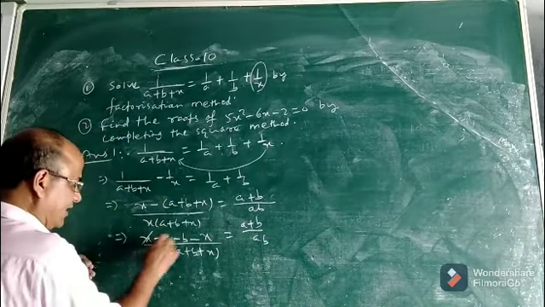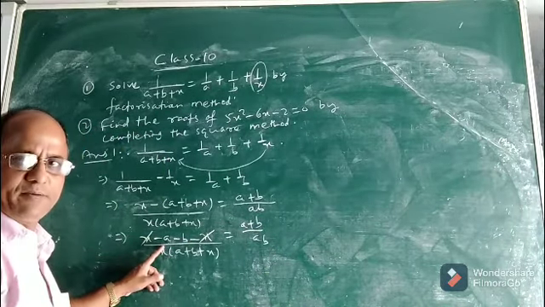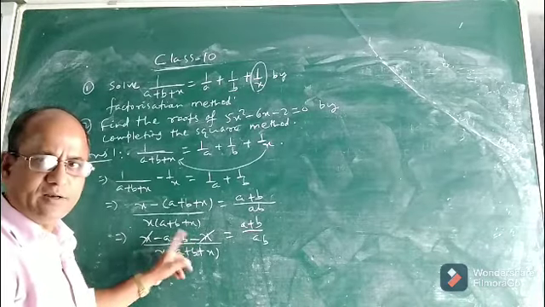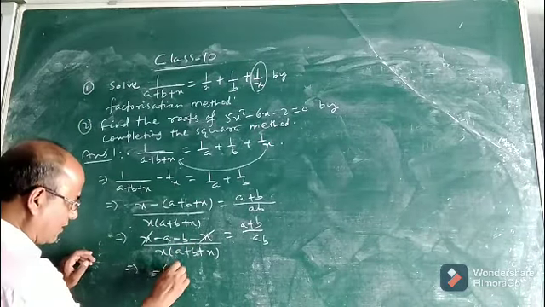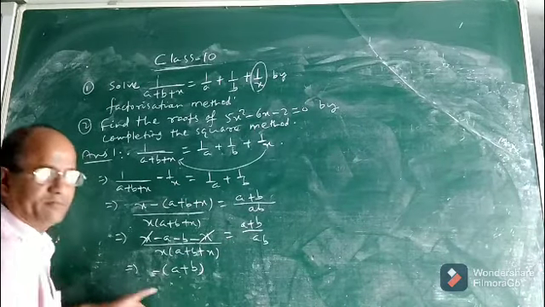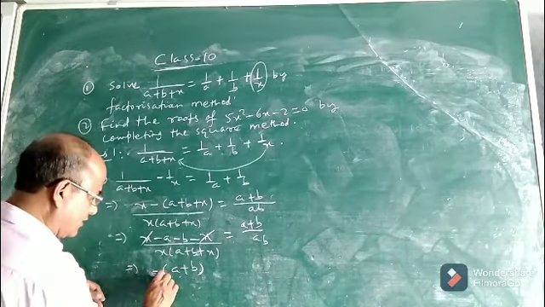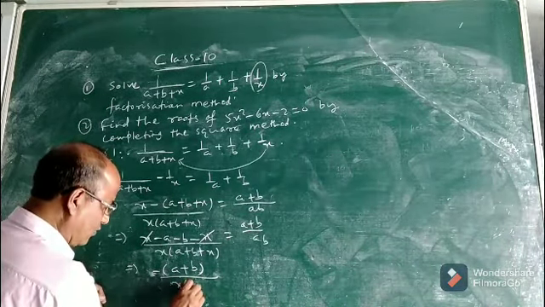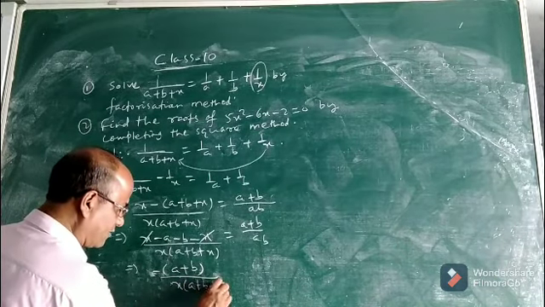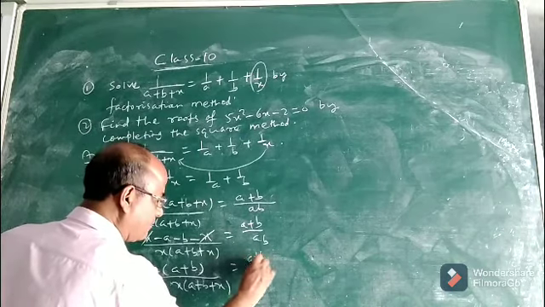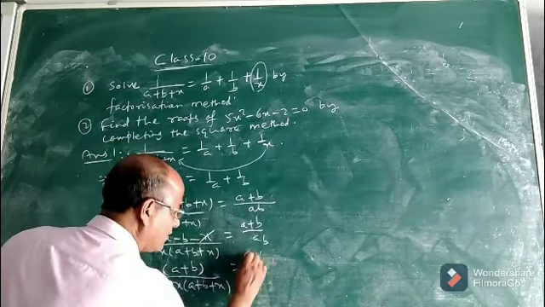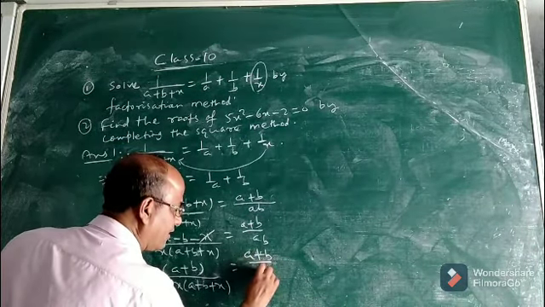Now see, x and x will be cancelled. So what is left here? Minus a minus b. Now we can take minus common here. If we take minus common, it will be minus into (a plus b) divided by x into (a plus b plus x) equal to (a plus b) by ab.